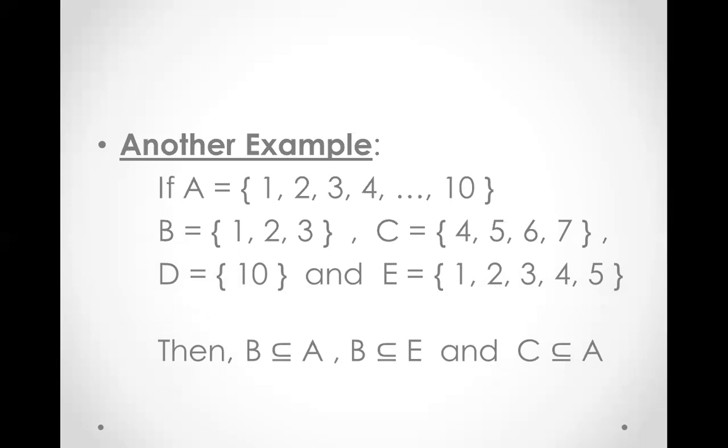Here B is a subset of set A because all the elements of B are also elements of set A, and B is a subset of E because all the elements of set B are also present in E, and C is also a subset of A.